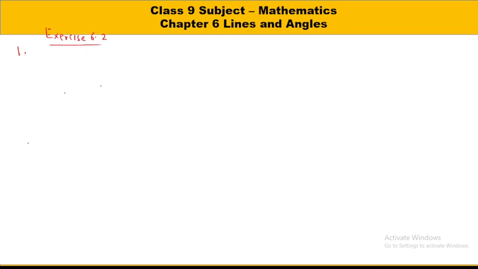In the figure, first we need to draw the figure. You can see three lines are given. This is line AB, another line CD is given, and the third line which is given is EF.